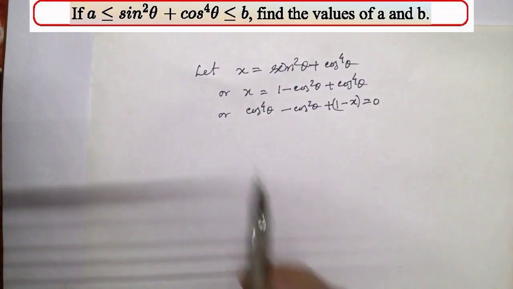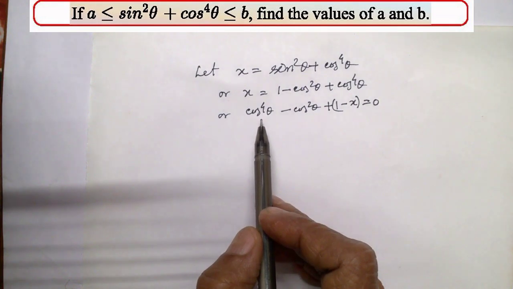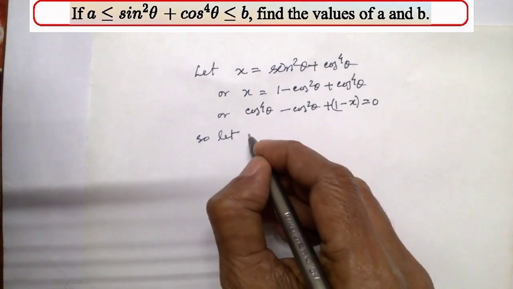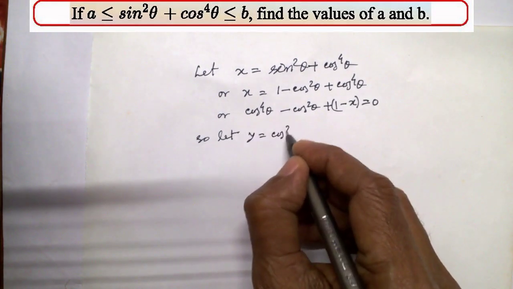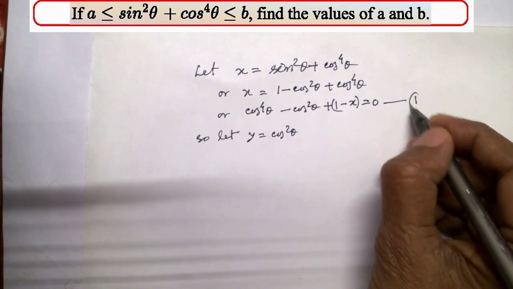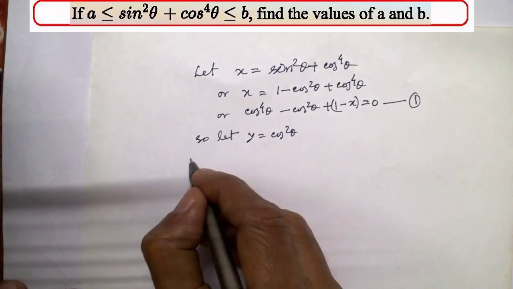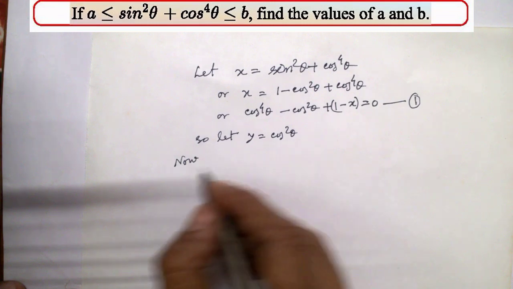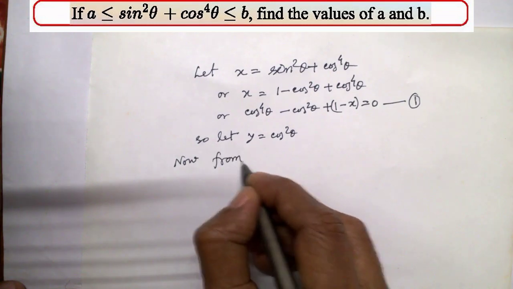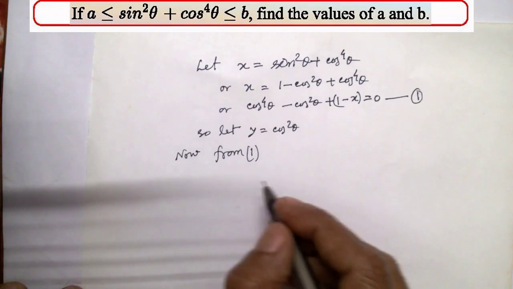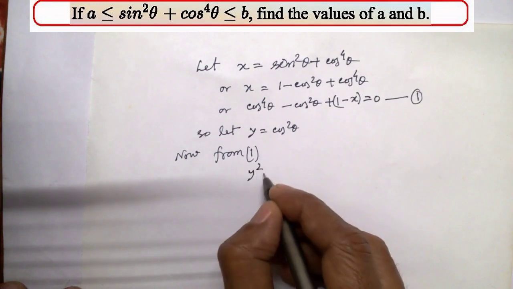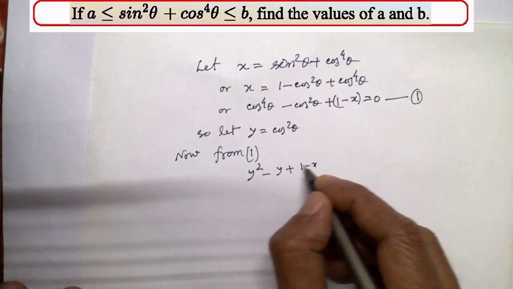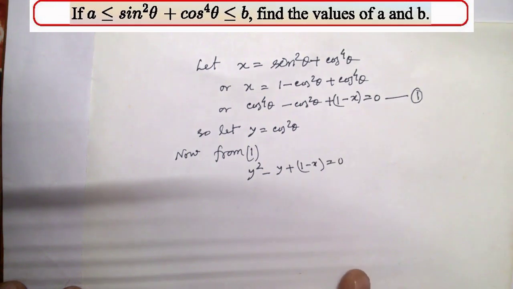Now see, this is a quadratic equation in cos square theta. So let y equal cos square theta, and name this equation 1. Now from 1, what will we have? y square minus y plus 1 minus x is equal to 0.